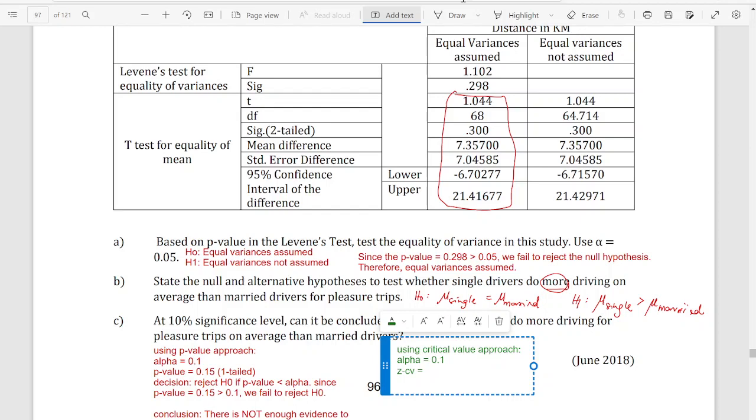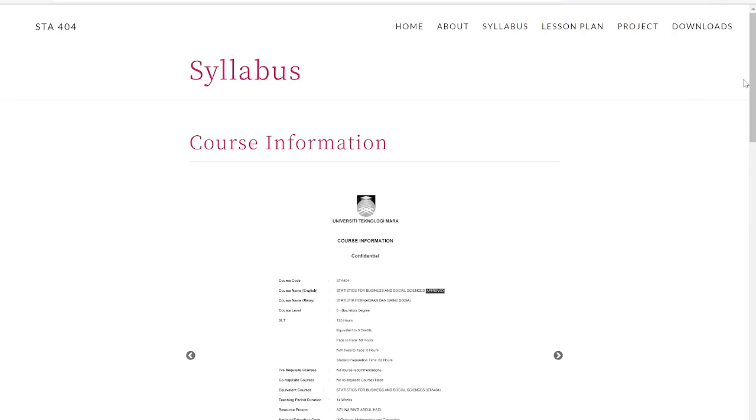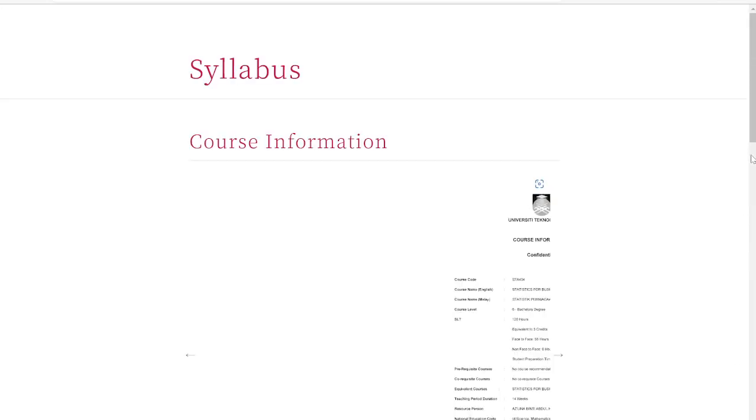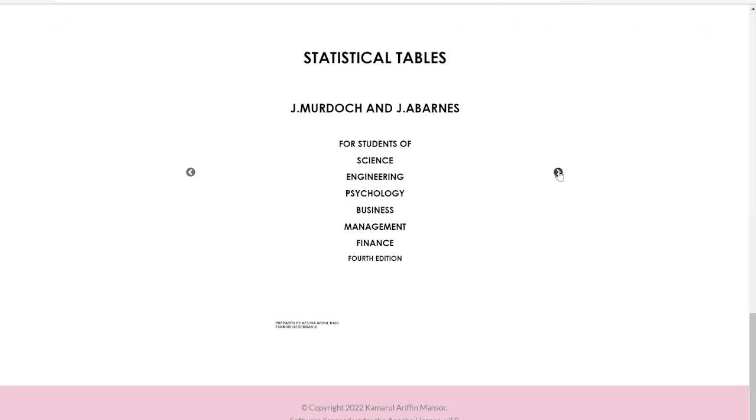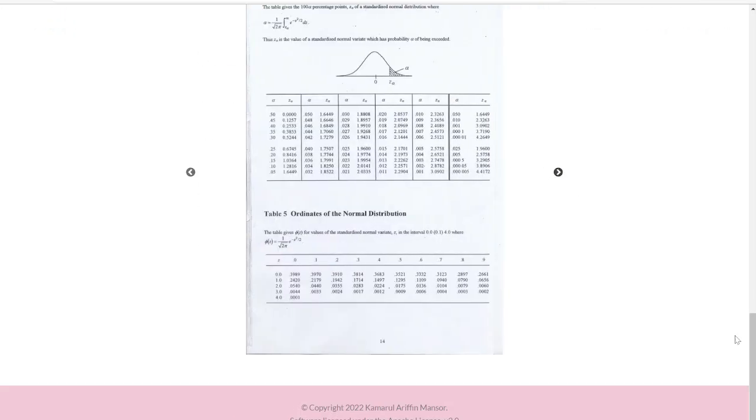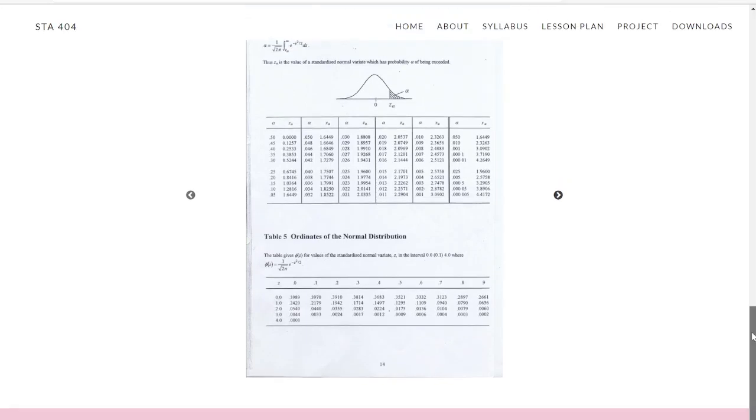So kita dapatkan daripada table. So kat mana cari nilai Z daripada table? So tengok dekat table. Okay, you look at the table 4.